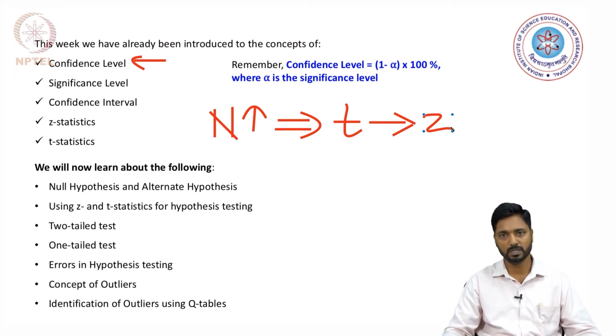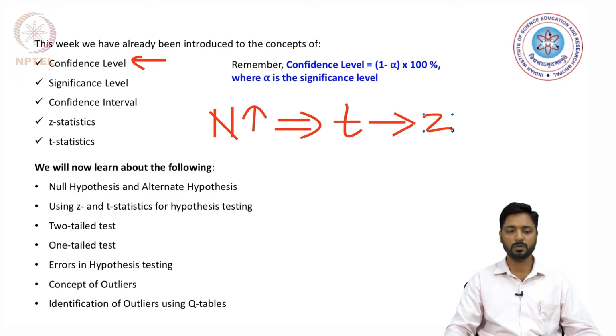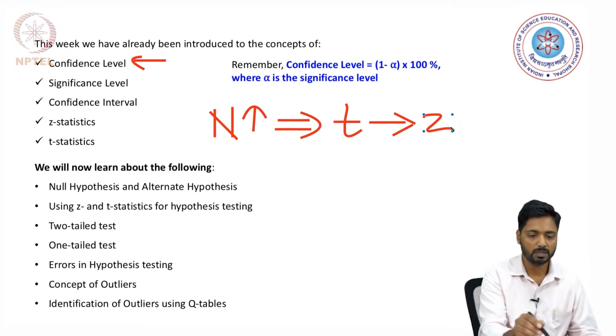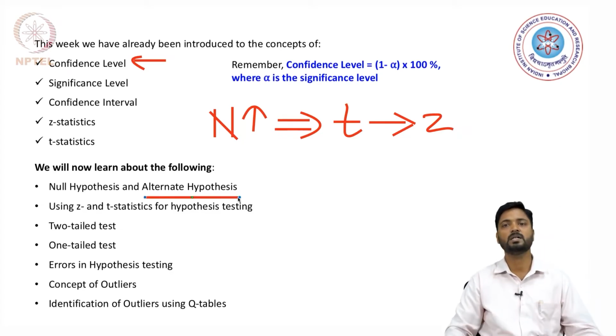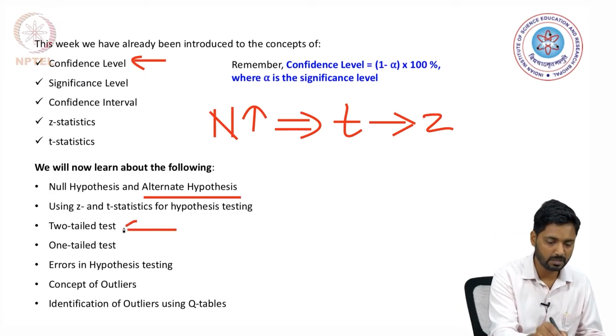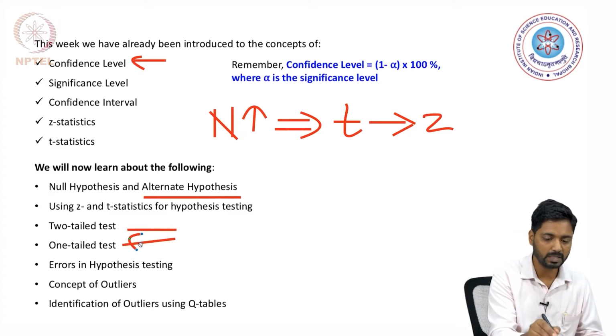So, with this basis, now let us start discussing what we will be covering in this lecture 2. We will be talking about the null hypothesis and the alternate hypothesis, and we will see how Z and T statistics can be used to test the hypothesis in our hand. We will also understand how the alternate hypothesis dictates which of the two tests, the two-tailed test or the one-tailed test, is to be applied.